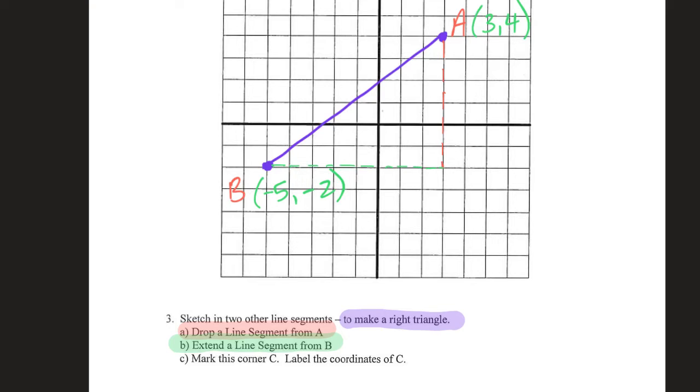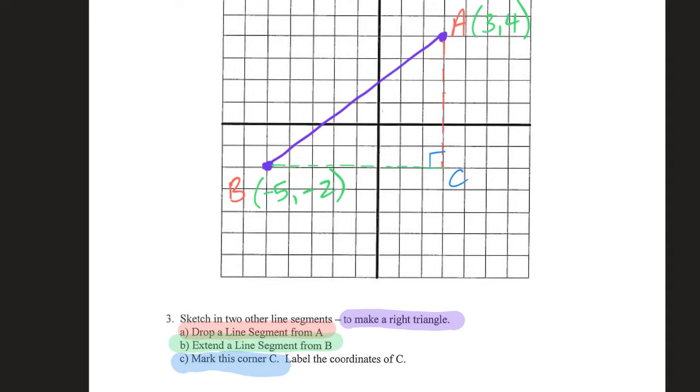Okay, the last part now says to go through and mark that corner as C. So I'm going to mark that corner as C, and it is a right angle. So I put in my little right angle marker.